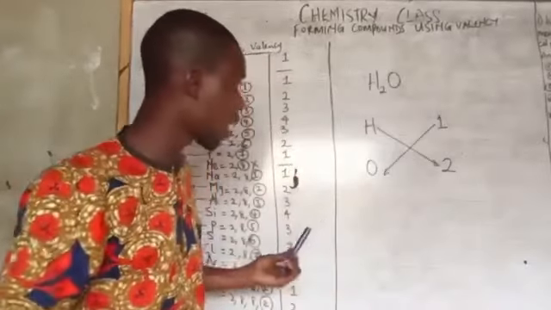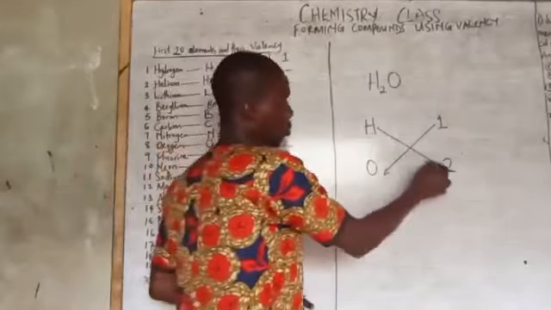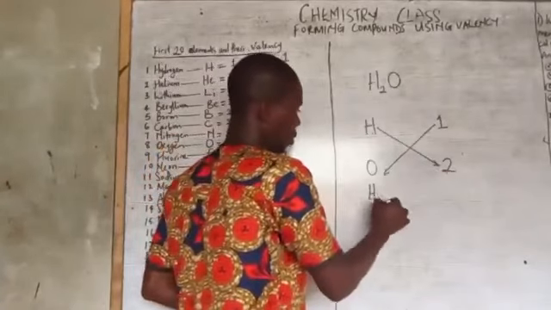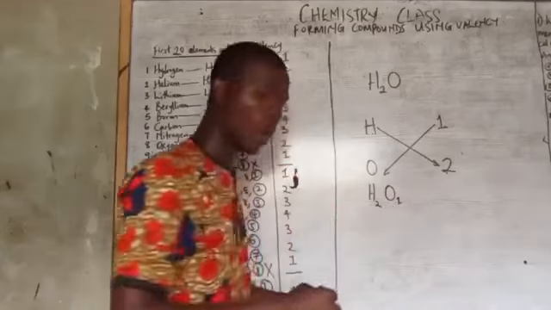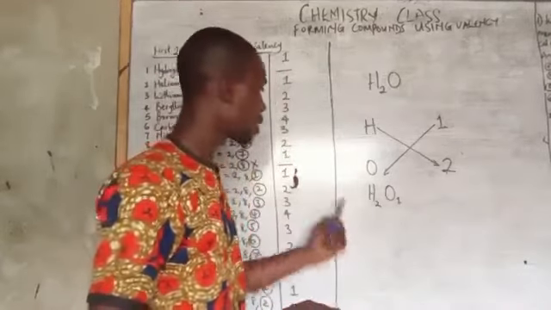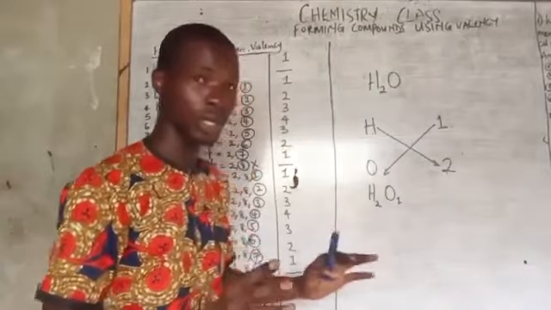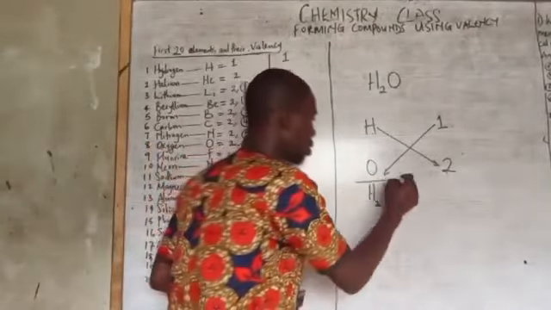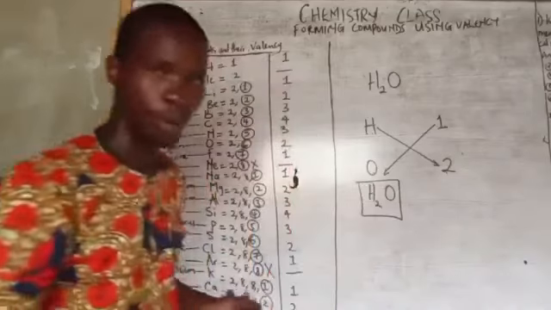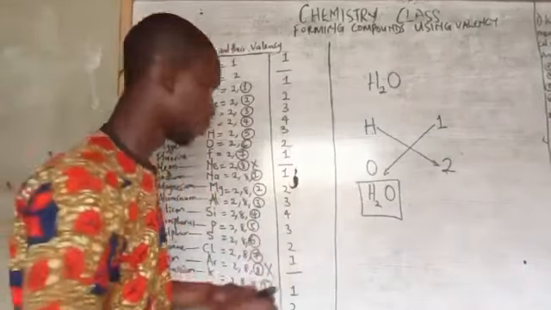So what we have now is H2O1. To avoid repetition, we can see that we have just 1 oxygen. So we remove the 1 that is beneath, and this is a balanced compound for water.